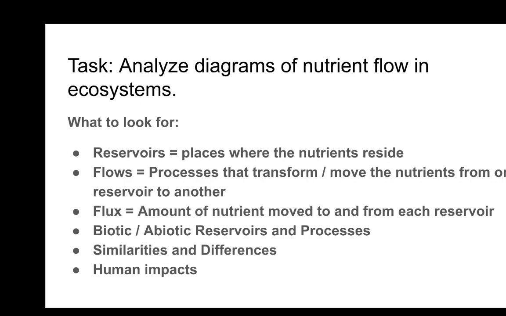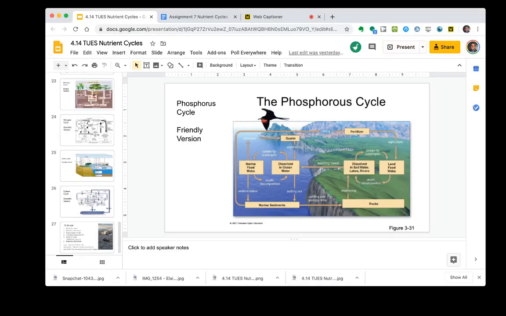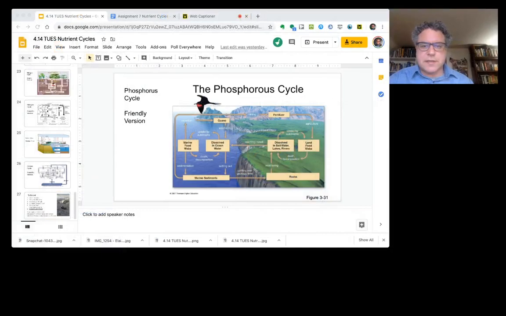So your task, I'm going to skip this slide for a minute, but we're going to go to just looking here. What you're going to need to do for the assignment coming up is you're going to look at some different models of the phosphorus and nitrogen system. And I'm just going to switch here to the task screen.